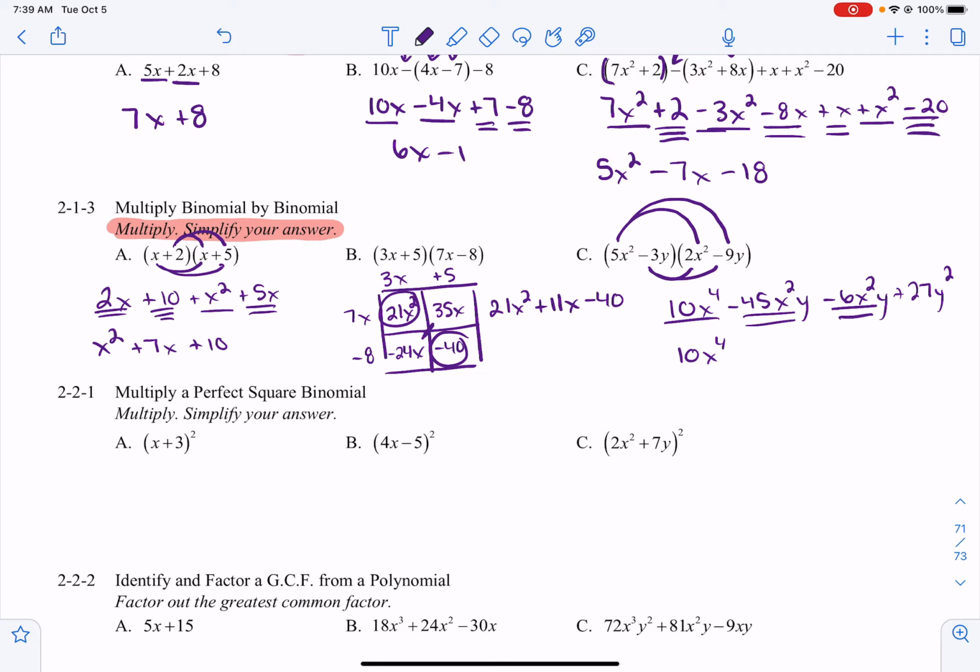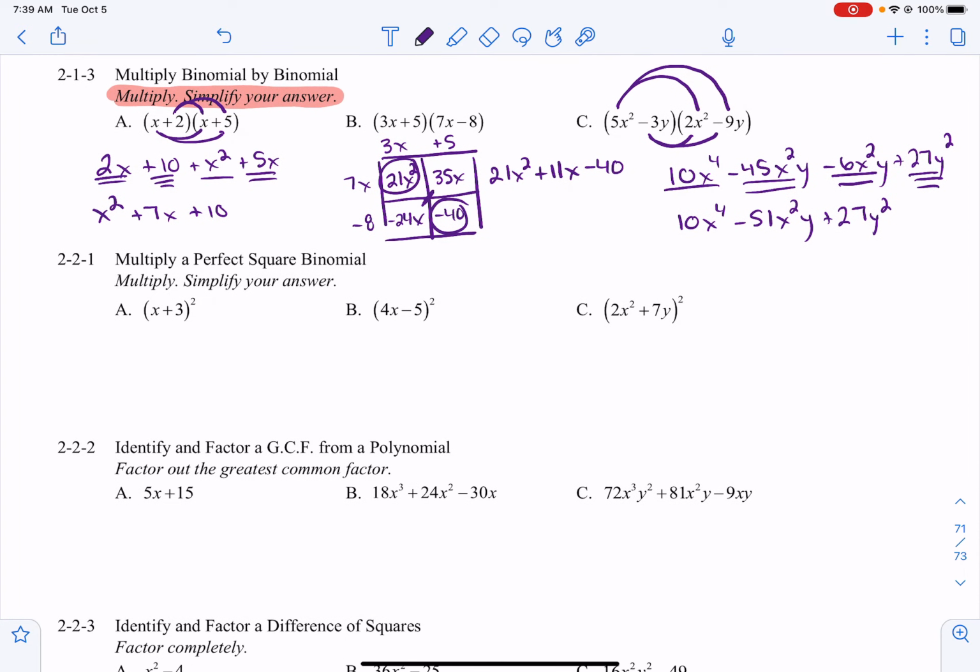So negative 45 minus 6 is going to be negative 51x squared y. And then I have a 27y squared at the end all by itself. Okay. Again, be sure that you can do all those problems. You are going to be expected to be able to do that. Same idea on a test, okay?